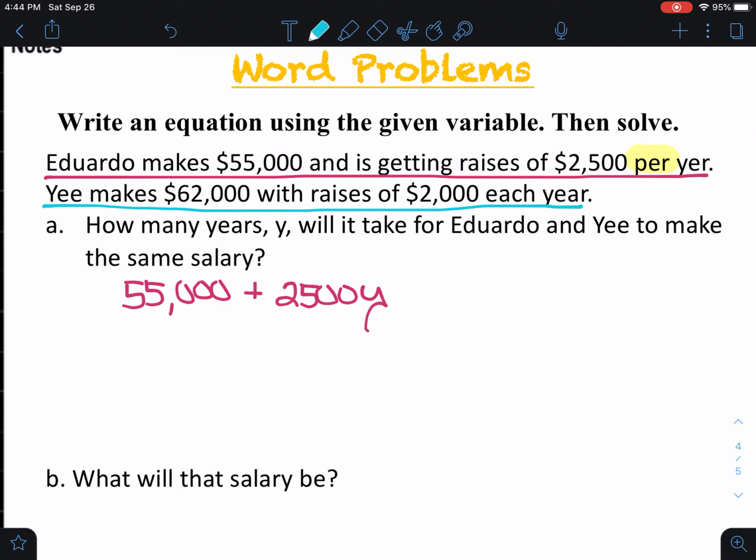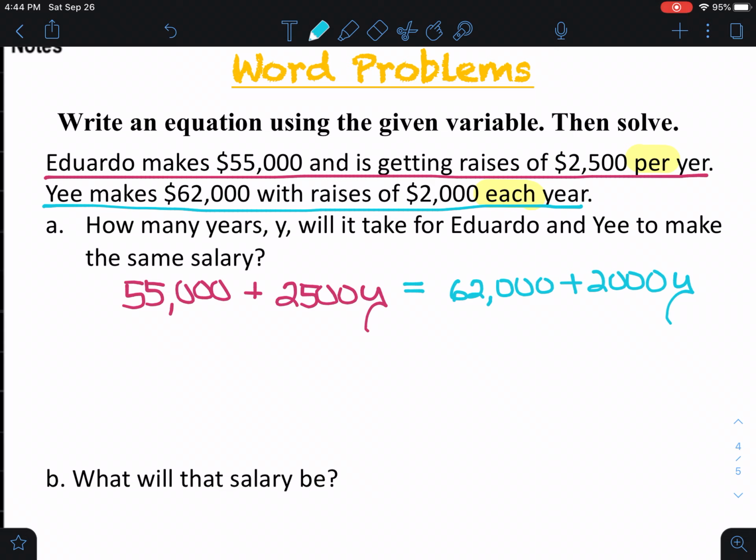Yi is making $62,000 and with raises of $2,000. And this one says each. Remember, each and per mean the same thing. Per year. Each year. And it says here in part A, they want to know when they are going to have the same salary. Okay, so we're going to have our equal sign in there.